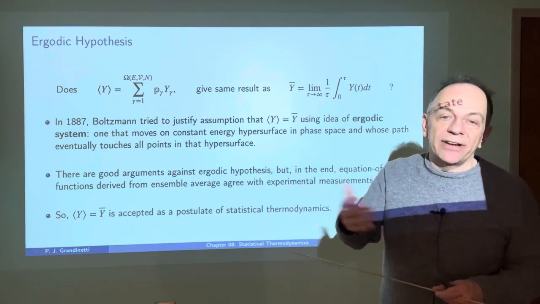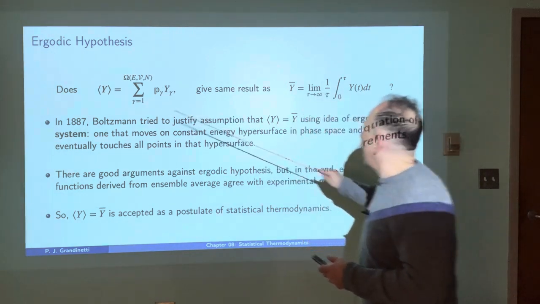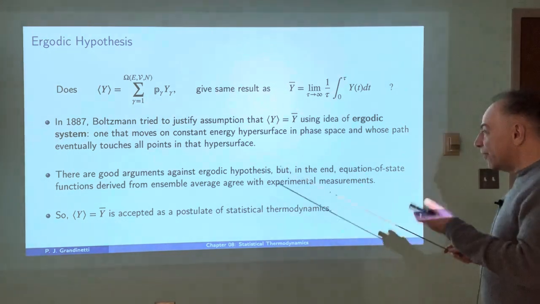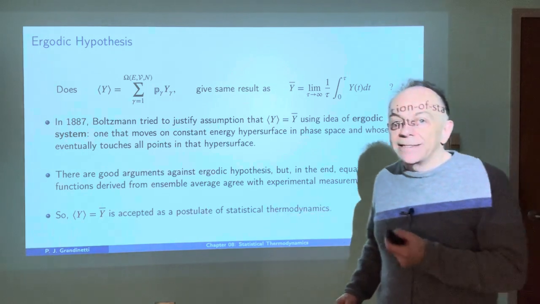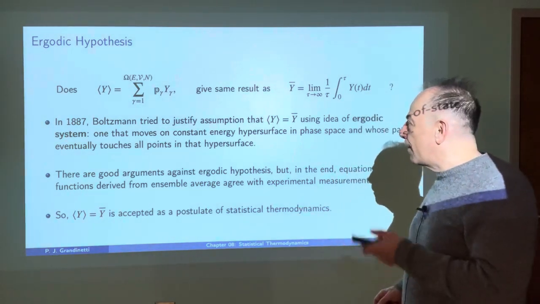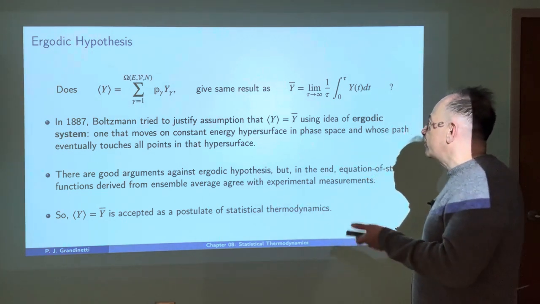That was the justification for saying that this ensemble average was equal to this time average. Now, there are arguments against the ergodic hypothesis, and it was pointed out to him by many mathematicians at the time, so it really was a problem that Boltzmann struggled to prove.